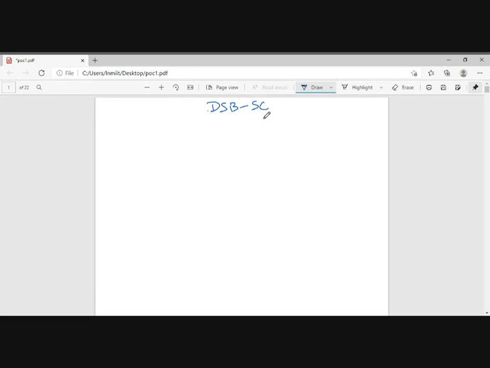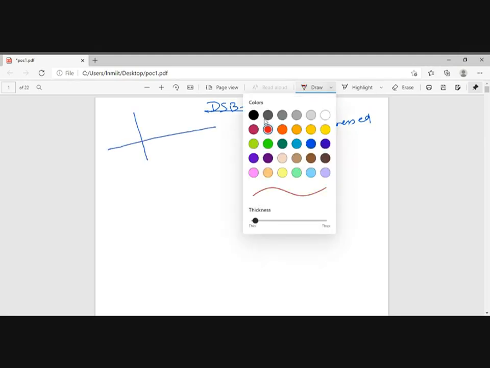So in the previous lecture, we were discussing DSBSC, and we discussed that in this the carrier part will be suppressed, just as we discussed on Thursday. So if the carrier is being suppressed, our spectrum will be something like this.